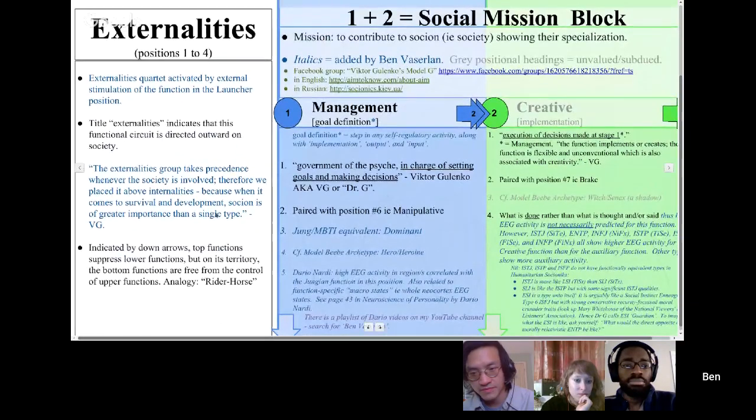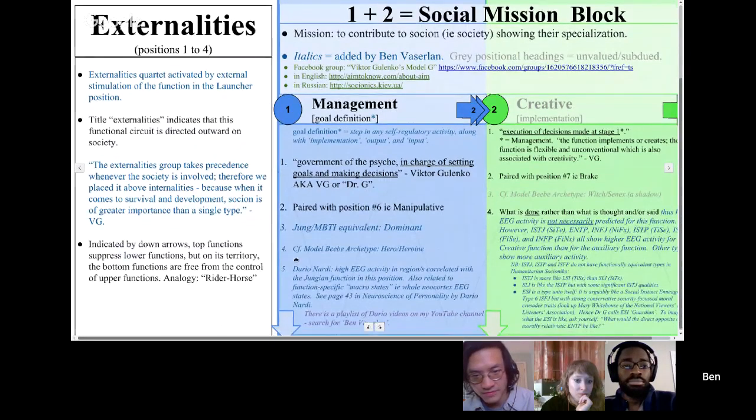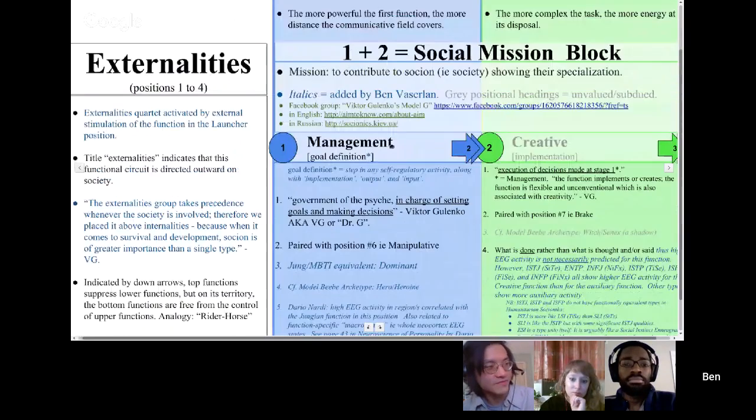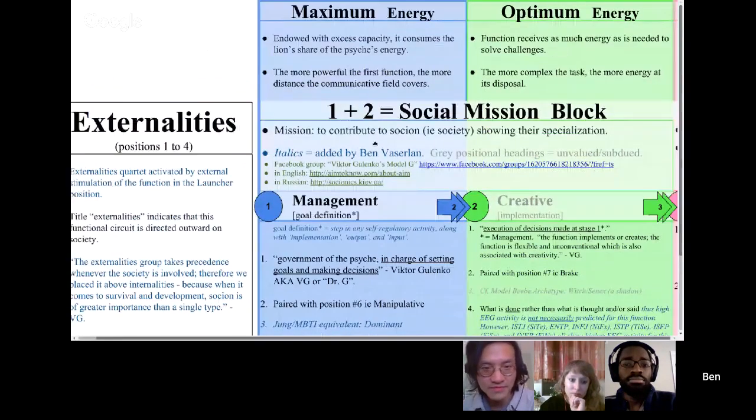One of the things that's interesting in the way he defines it is he says something about the communicative field for the dominant function, which basically just means that it's really noticeable. And then we've got the idea of maximum energy.